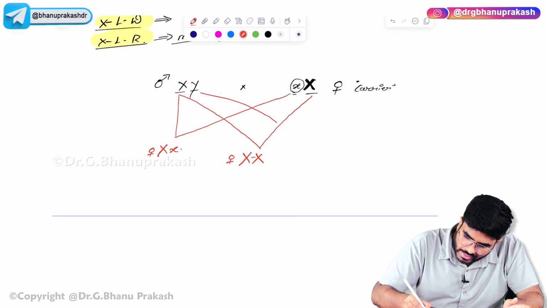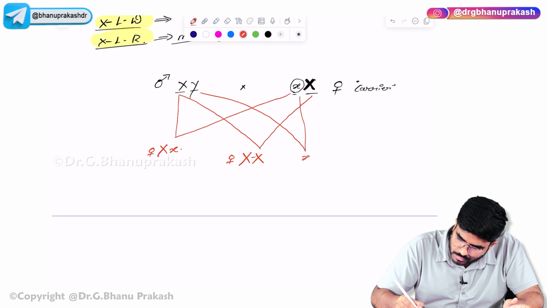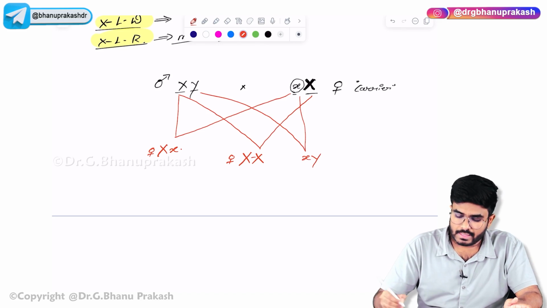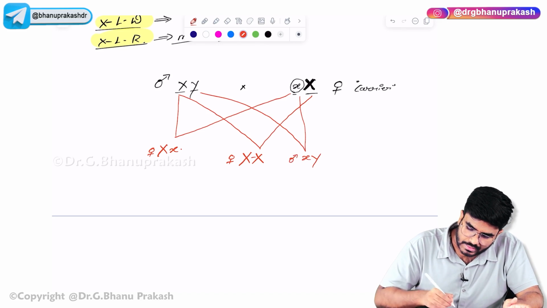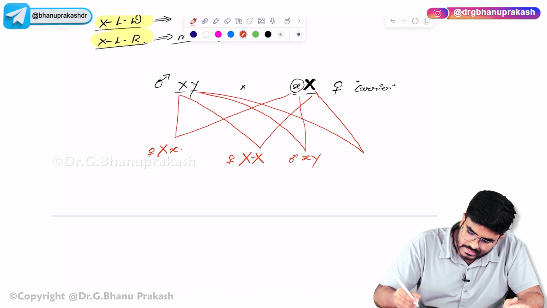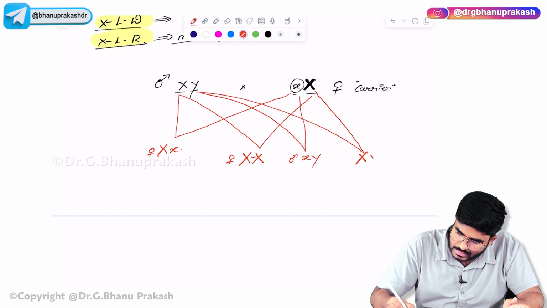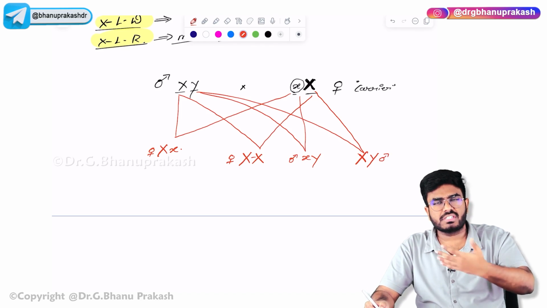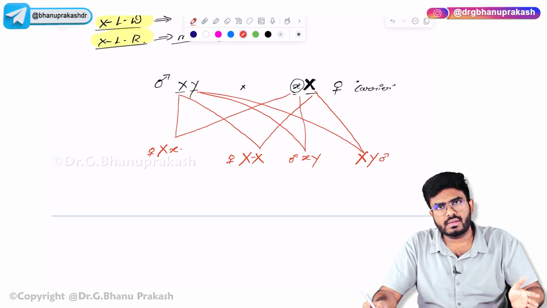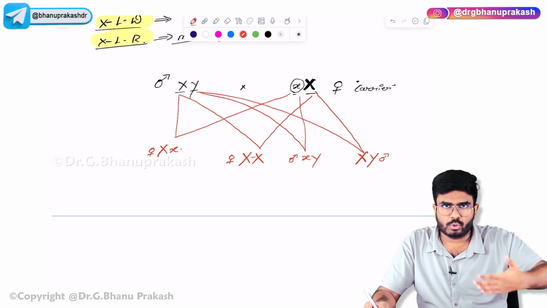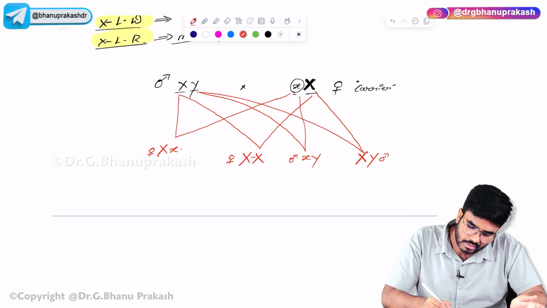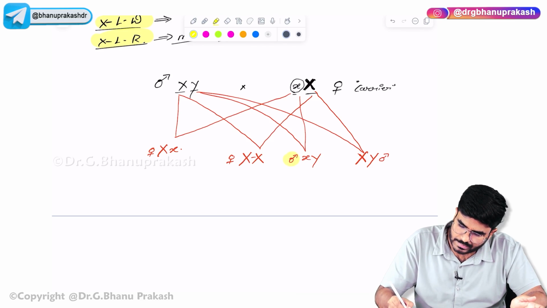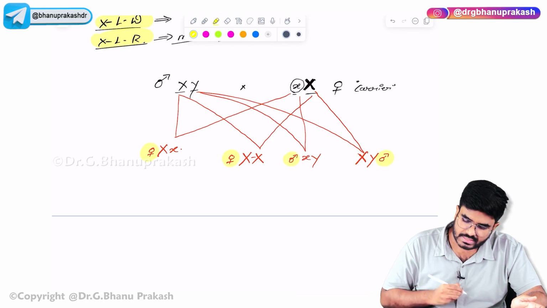Next, small x and Y, so this is a male, and one normal X and normal Y, this is also male. So whenever this couple has children, it's obvious that 50% of the offspring are going to be male and 50% female.